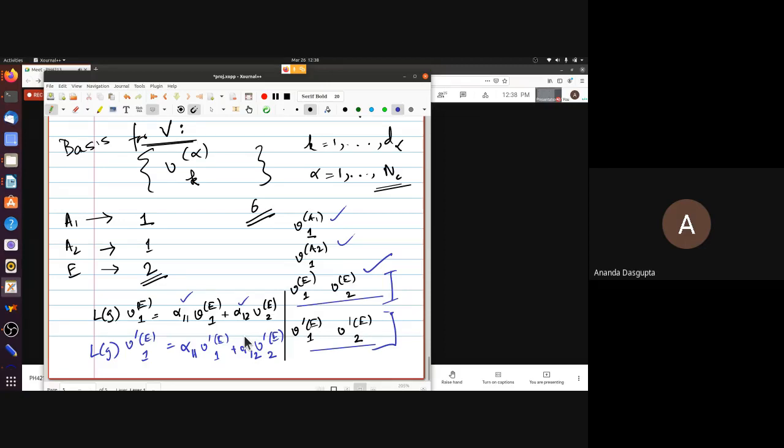Is that clear? Sir, I'm still slightly confused about how we even came to V1 prime and V2 prime. Well, your original space was 6-dimensional, right? Yes, sir. So that will break up into invariant subspaces.